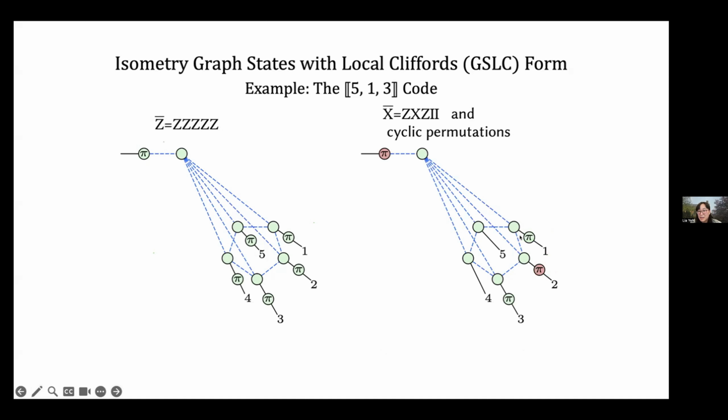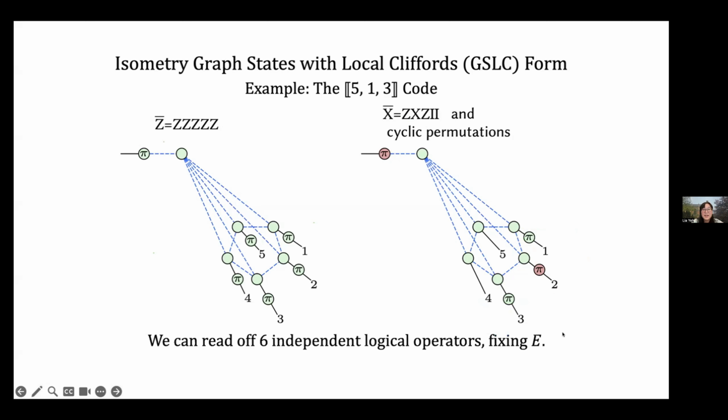So it's connected by a CZ edge to 1 to the input, and that Pauli Z through this local Clifford Hadamard becomes Pauli X, and then 2, 3. So therefore, doing logical X on the logical qubit is equal to doing Z, X, Z, I on the physical qubits.